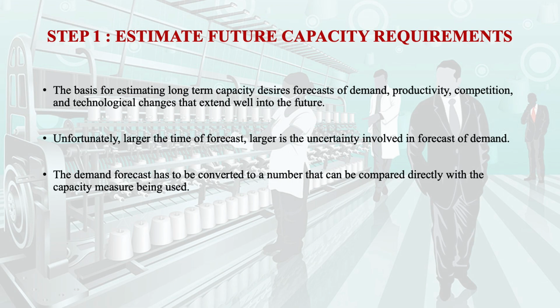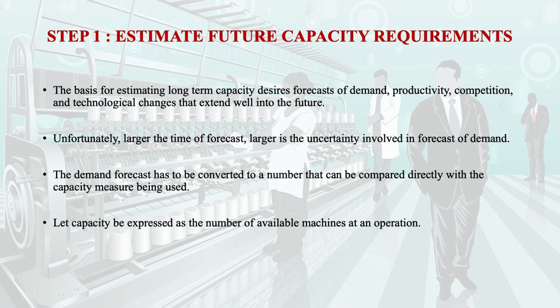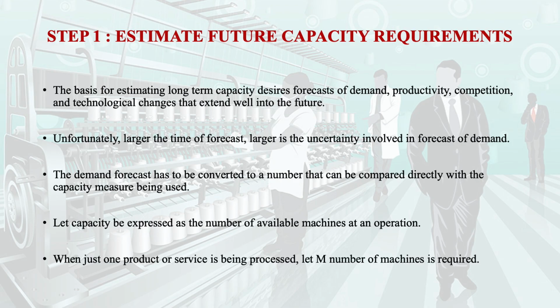Now, how will you express the capacity? Let the capacity be expressed as the number of available machines at an operation. When just one product or service is being processed, let M be the number of machines required.